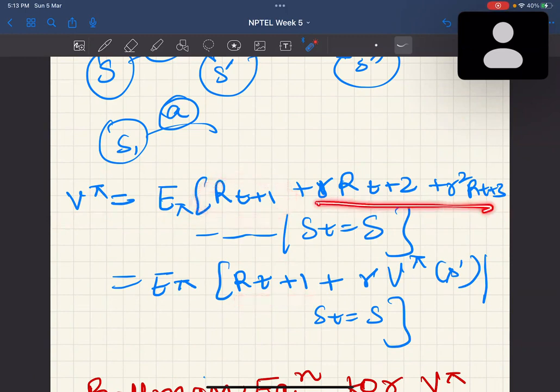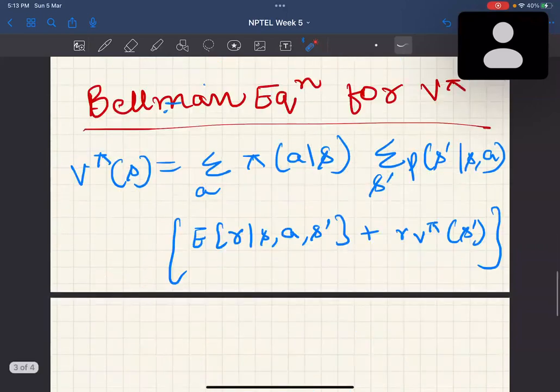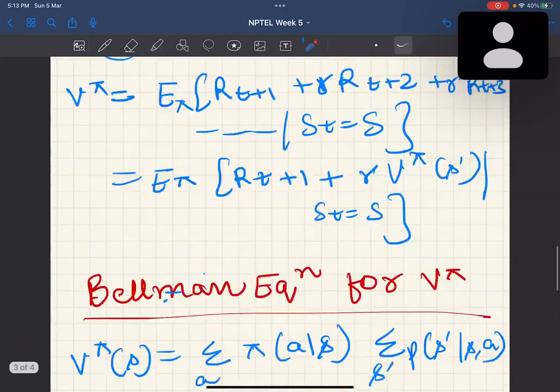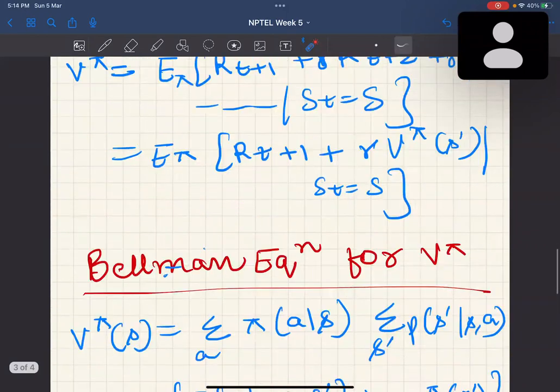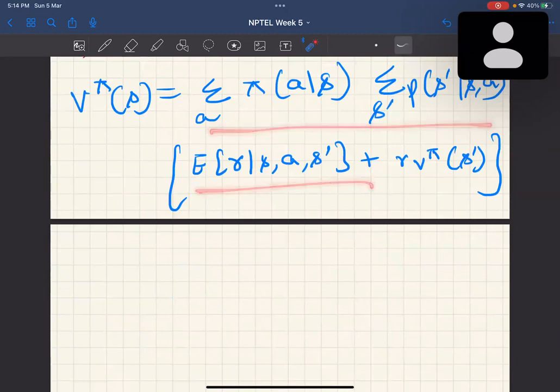This is the immediate reward I'm getting, and this is the future reward I'll get: gamma into V pi of S dash. You got it? This is what I'm writing here, gamma V pi of S dash. And this R t+1, I have basically split into this.